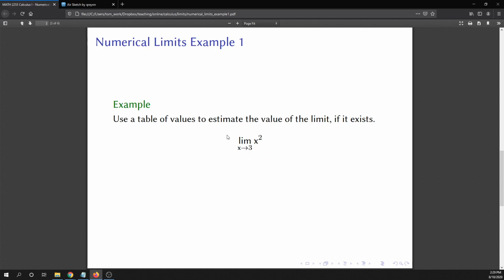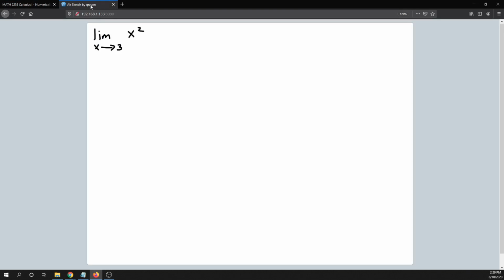To do this numerically, we imagine taking some values of x that are fairly close to 3, and then plugging them into this function x squared and seeing what the y values are getting closer and closer to.